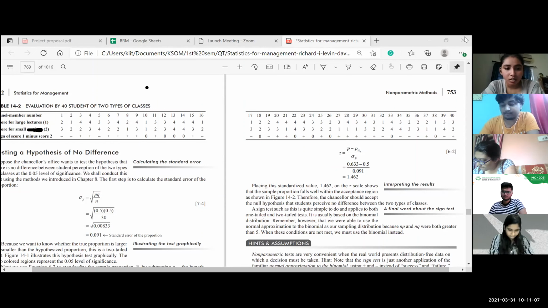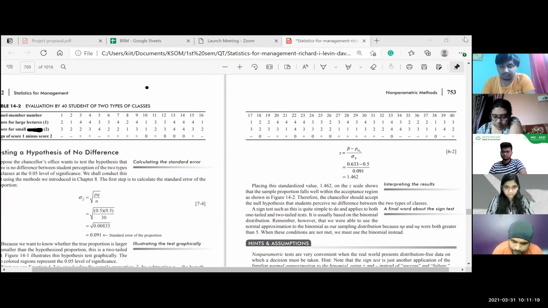Manjot is the developer of the sign test. She is going to explain to us how the sign test is done. What will we do? Step 1: we will find the difference between the large lecture and small lecture. If the difference is negative, we will put a minus sign. If the difference is positive, we will put a plus sign.